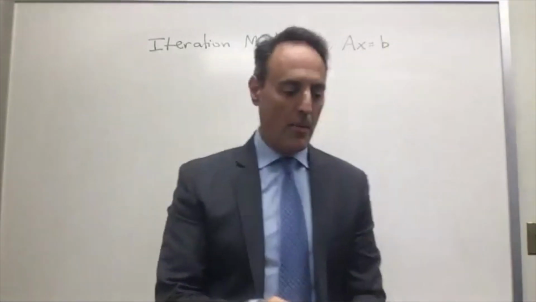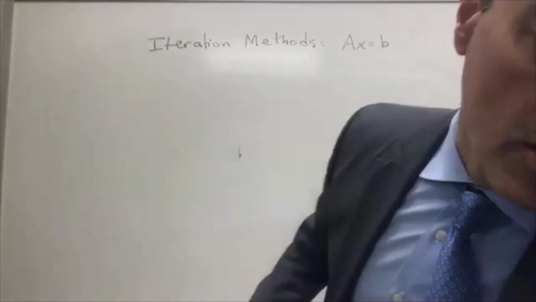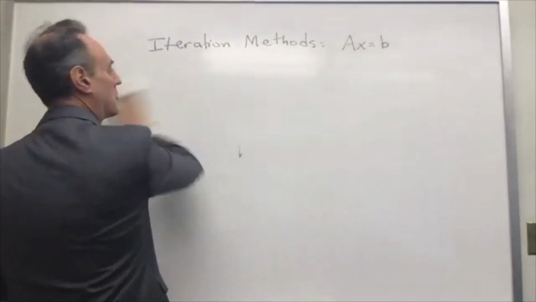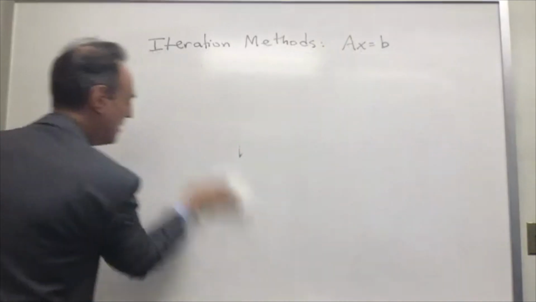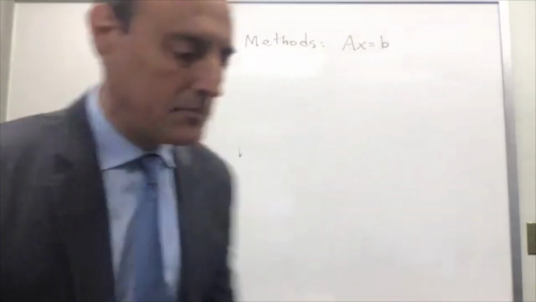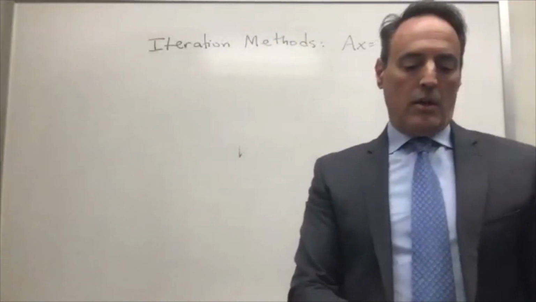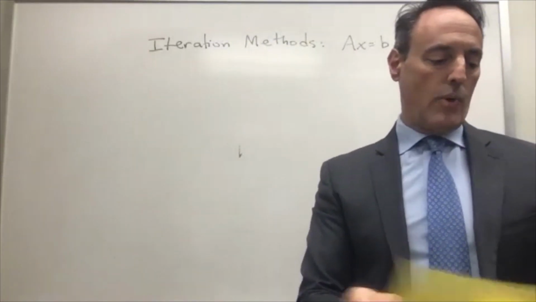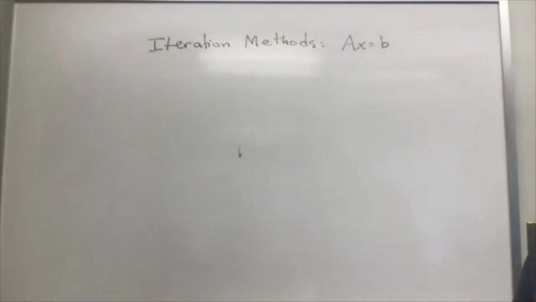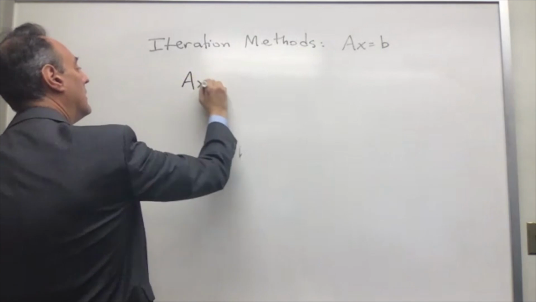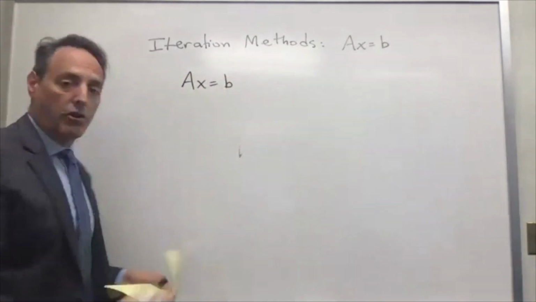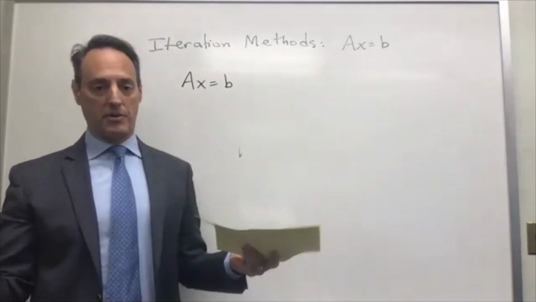Okay, so now what we're going to do is turn our attention to this generalized method of residuals. What is it and how do we operate this thing? Remember, what we want to do is solve Ax equal to b. That's almost always what we want to do, right?